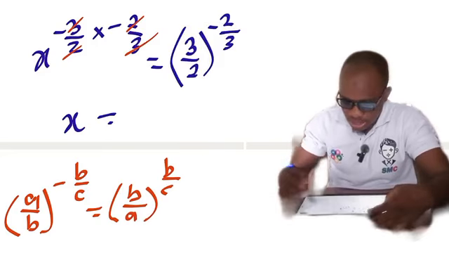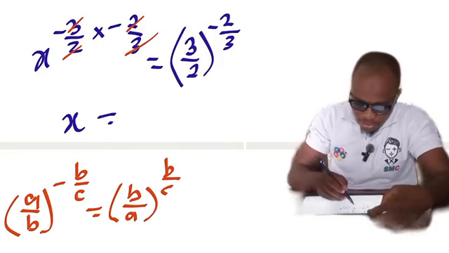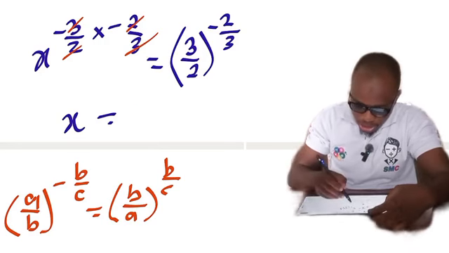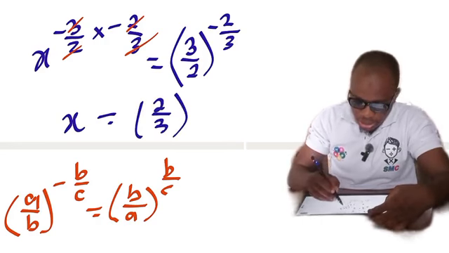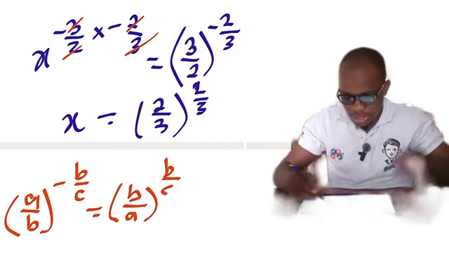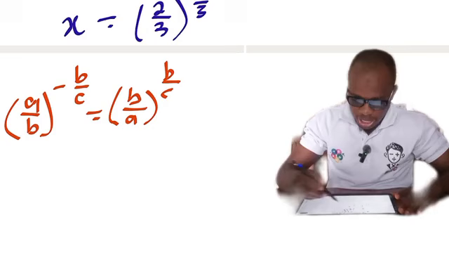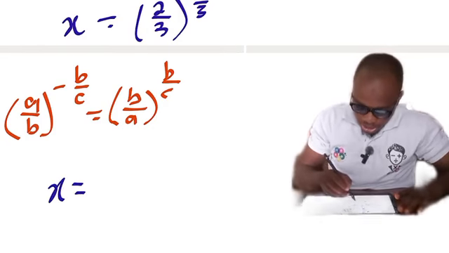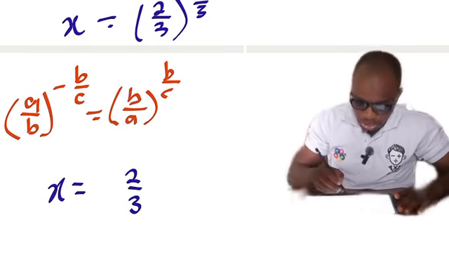So I'm going to have this to be 2 over 3, then to the power of 2 over 3. So lastly, x is going to be 2 over 3 to the power of 2 over 3.